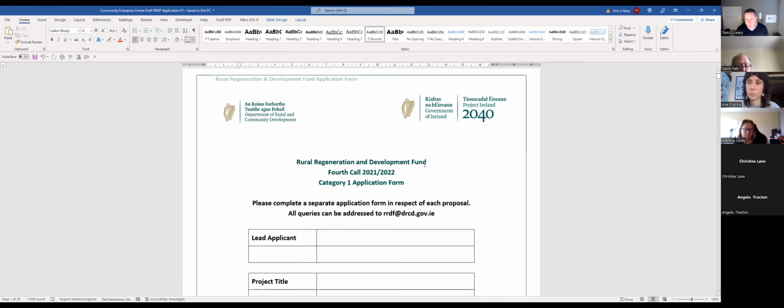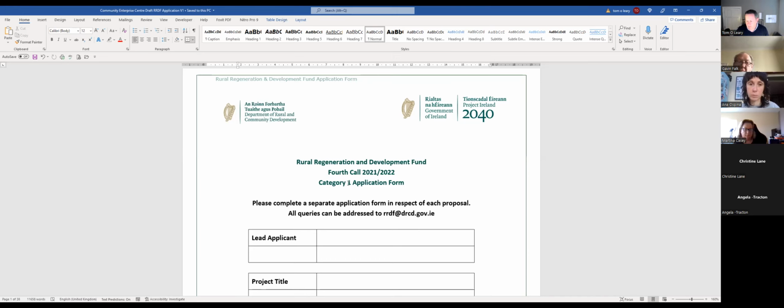Okay, so there is a Category 2 application as well, and Category 2 is for projects that are not ready yet. They're at a pre-development stage. That's to give you funding to pay for consultants and professional fees for designers and so on, to get the project to shovel-ready status. So it's got planning permission.